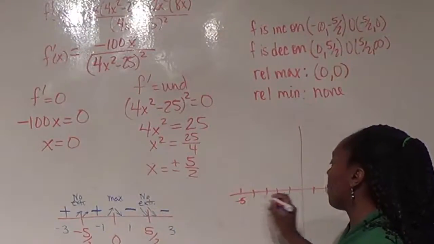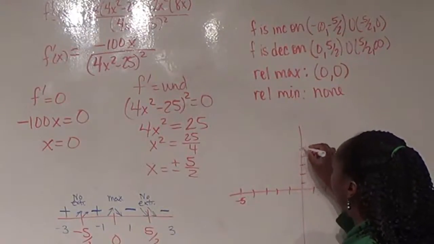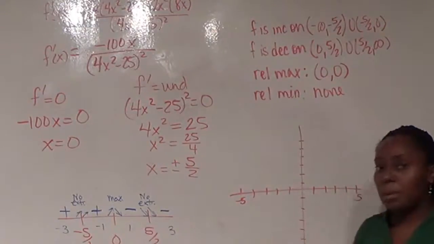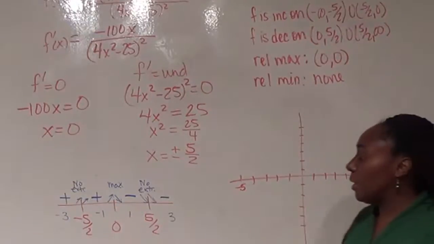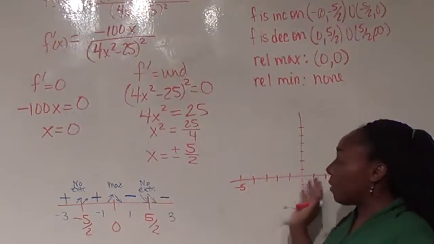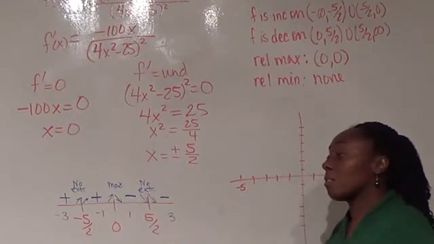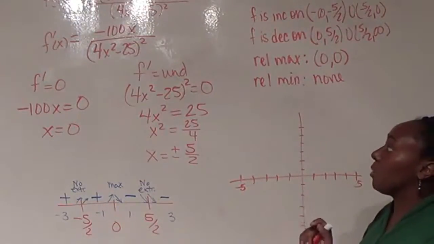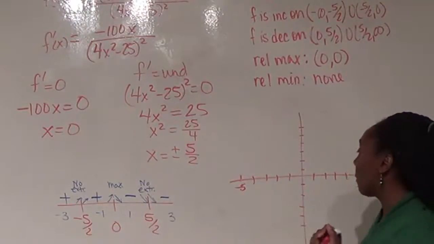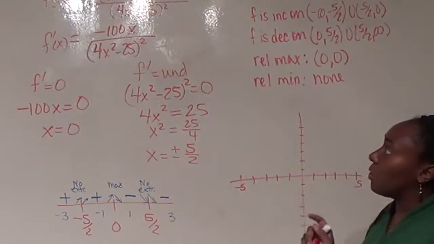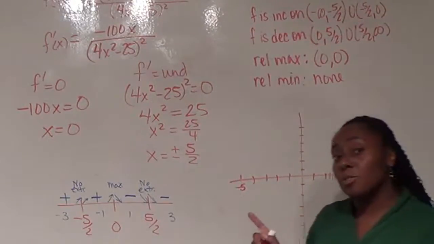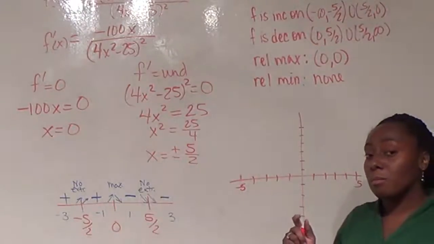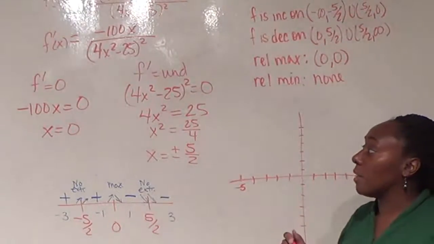As we go to graph this, a couple things to keep in mind. As I've said, one of the things you're going to want to make sure you do is use your extreme values, but also if there's any nice intercepts. In this case, it's very easy to see 0, 0 is the only intercept for this function. But the other thing to notice is because I have a rational function, there are places where the denominator doesn't make sense, where it's undefined.